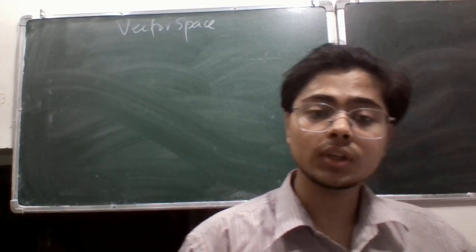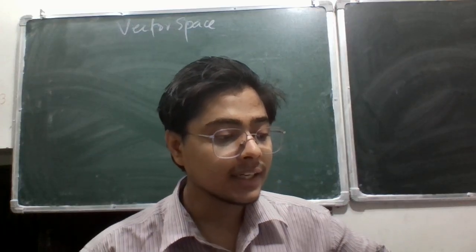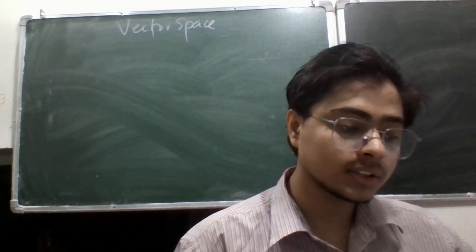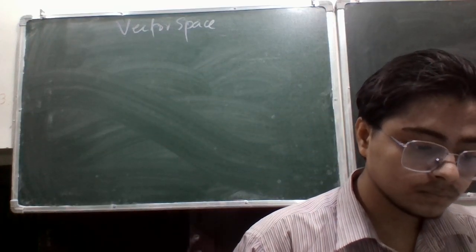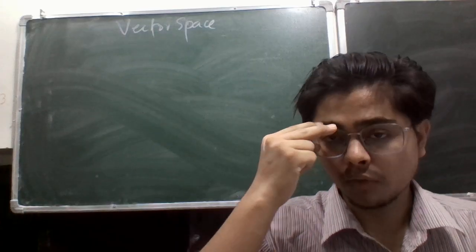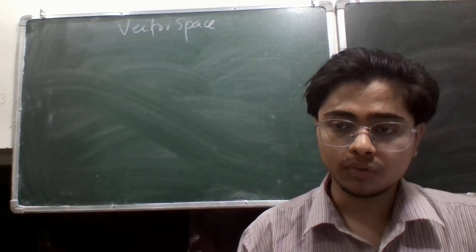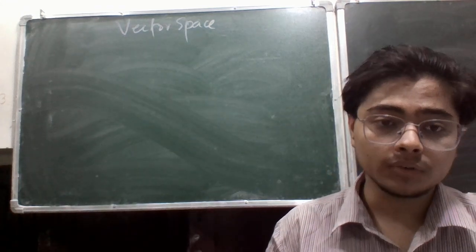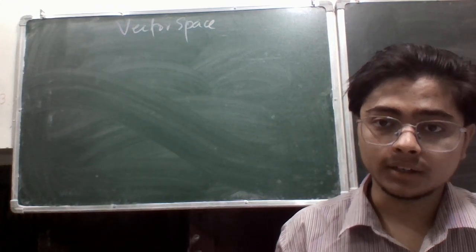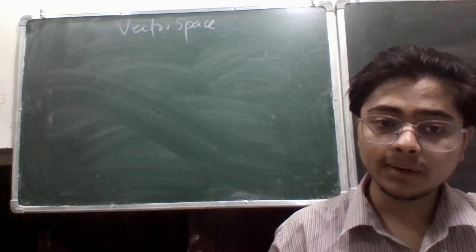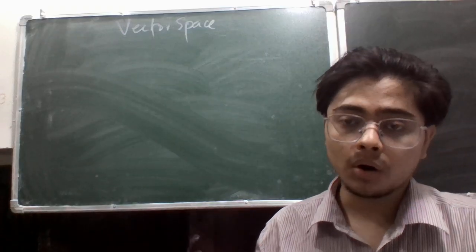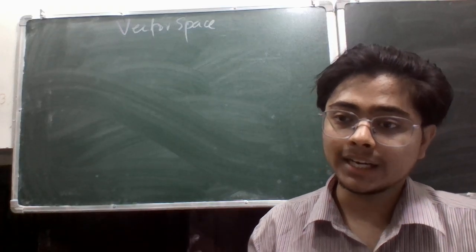First one is closure under addition and second one is closure under scalar multiplication. So this means a vector space is defined by two axioms. First, the axiom of closure under vector addition, and second, the axiom of closure under scalar multiplication.